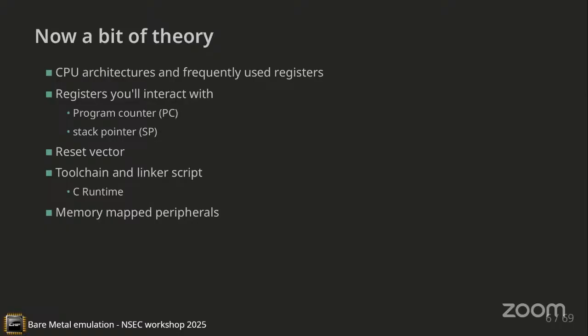We have to set up the stack ourselves, or figure out if the stack is properly set up by the code that we try to run. It's not always the case. Then we'll see the reset vector and the toolchain, and finally the memory-mapped peripherals: how to access peripherals like communication devices by finding them in memory and reading and writing memory.